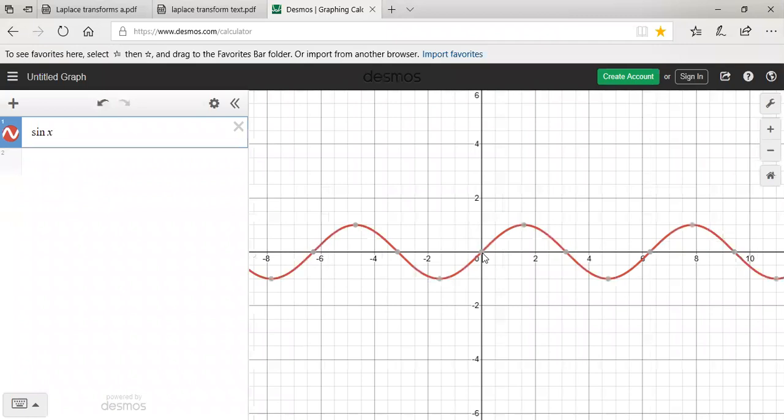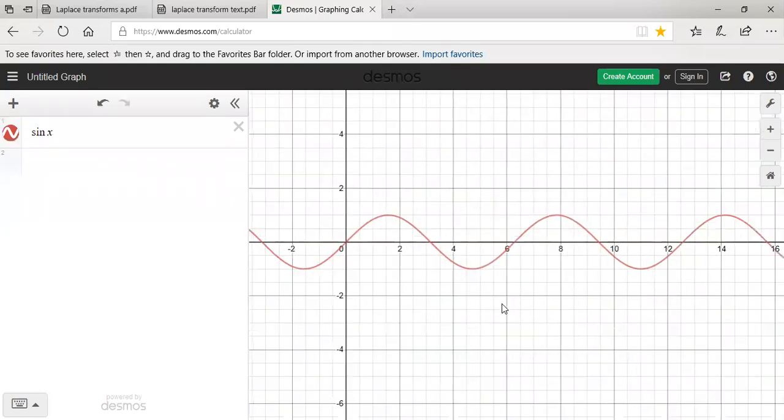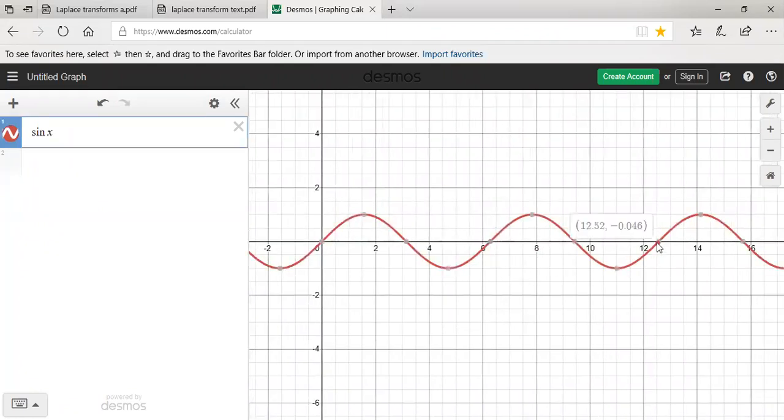In the Fourier series, we take a function in the interval 0 to 2 pi. Look at this graph, 0 to 2 pi. If you continue the same, it will repeat the same graph for 0 to 4 pi.